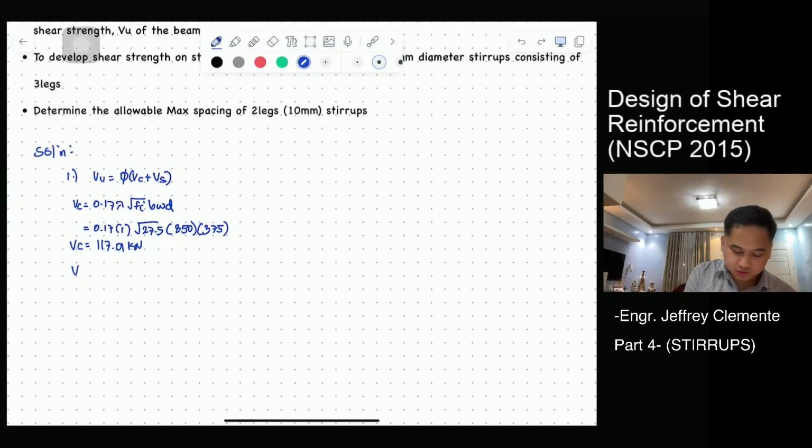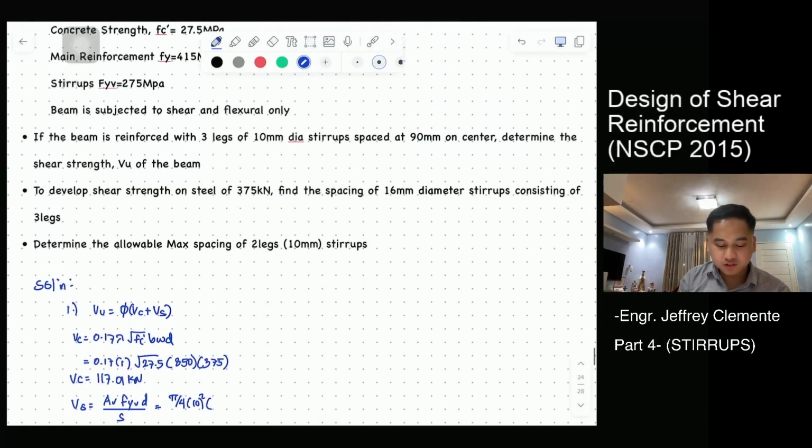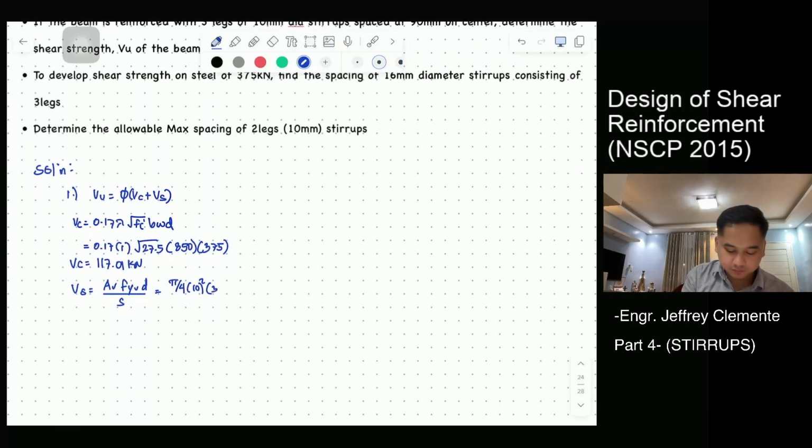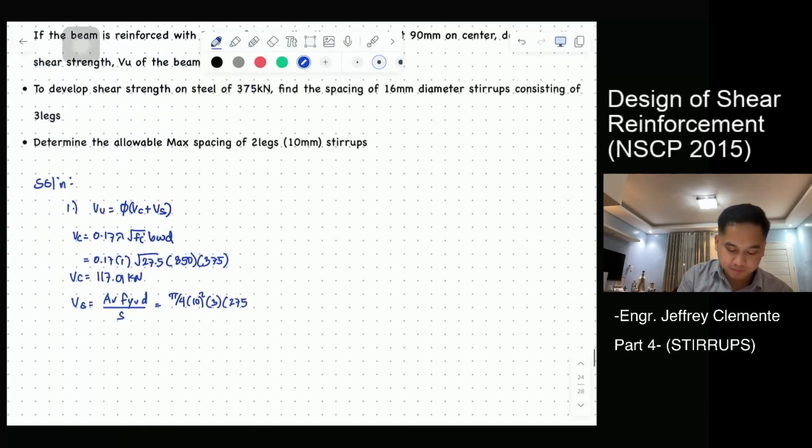Okay? So, since we have this one na, we solve for Vs. Ano ang formula for Vs? Av fyv d over s. Tandaan nyo yun, ha? Getting this, pi over 4 times 10 squared multiplied by the number of legs. Number of legs is 3, sabi sa problem. Fy is 275. Tama ba? Yes, fyv stirrups is 275.